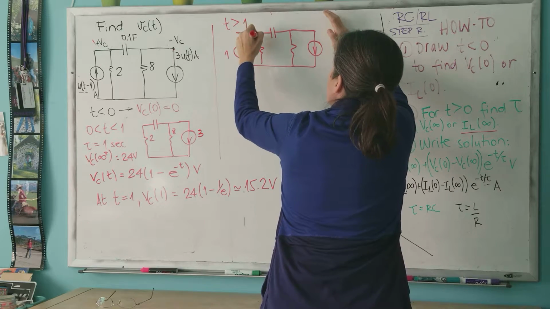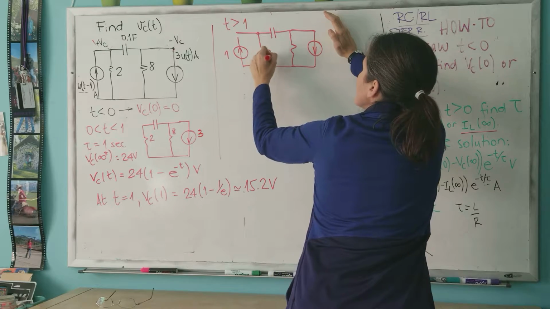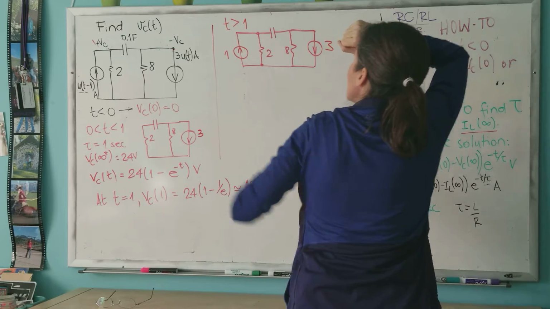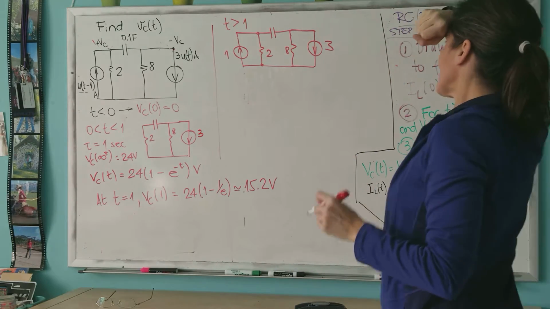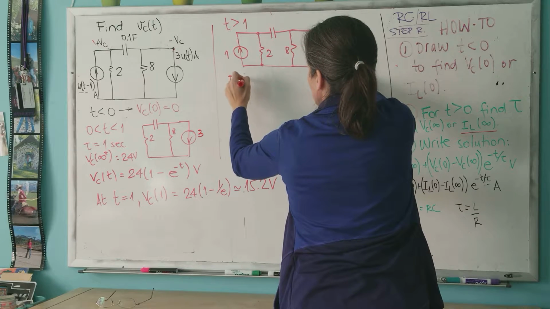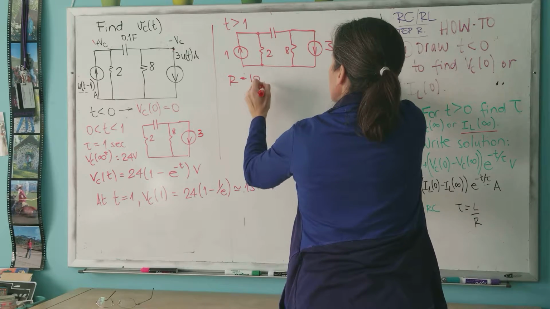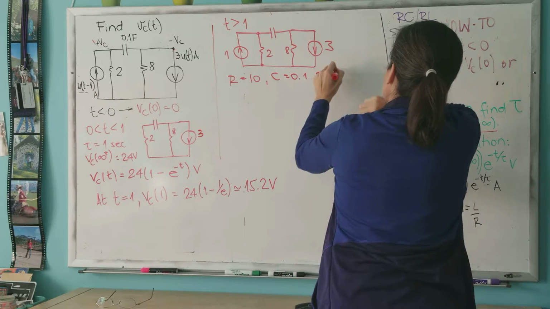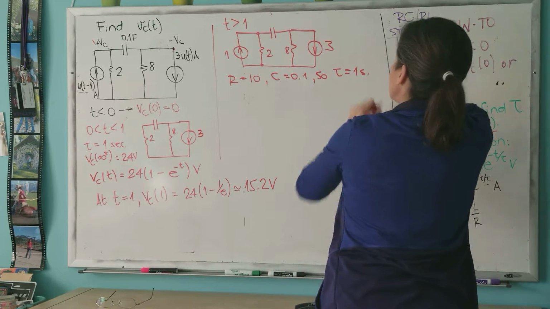And the capacitor is here in the middle. And then I do the same exact thing, right? So the resistance that the capacitor sees is still 10 ohms. The capacitor is still 0.1. So tau is still 1 second.